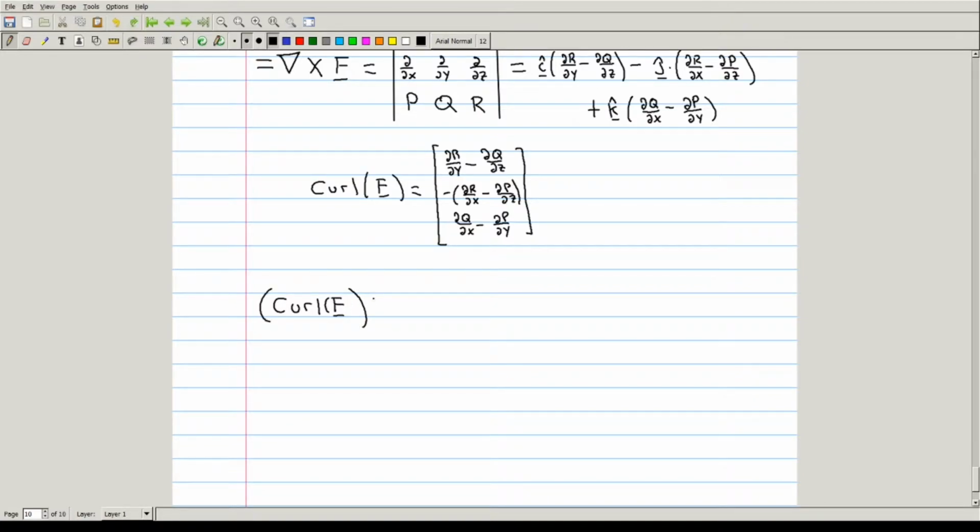We'll use round brackets for the curl and then square brackets for the component. So the first component of the curl of f, what is this saying?